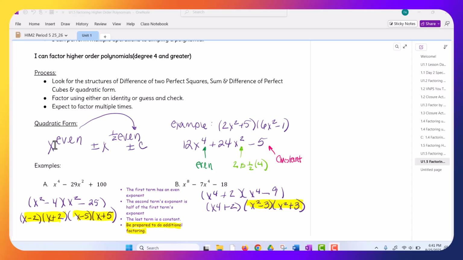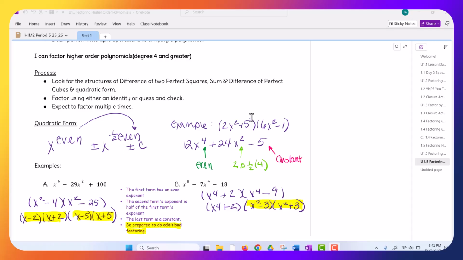So the quadratic form is we have our leading term that has an even exponent. And then the middle term of this trinomial is exactly half of that leading exponent. And then we have a constant.